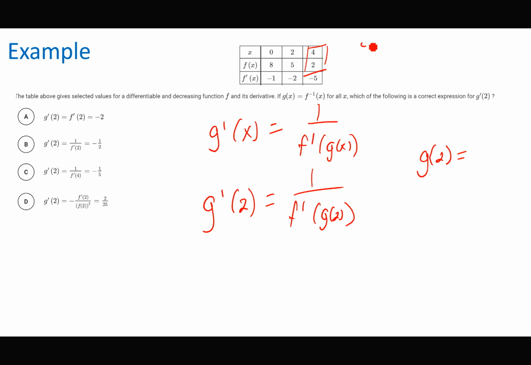So this is 4 comma 2. That's in terms of f of x. Or I could say f of 4 equals 2. Remember now, so then f inverse is going to say f inverse of 2 would equal 4. But f inverse is g, so g of 2 is 4.